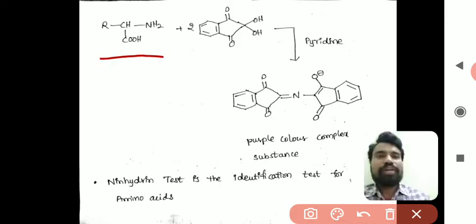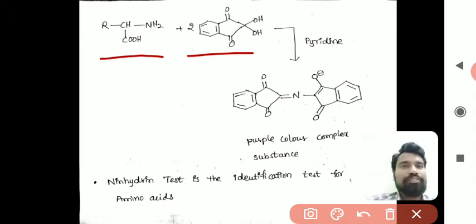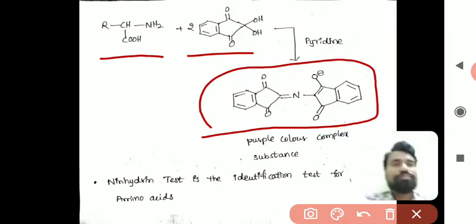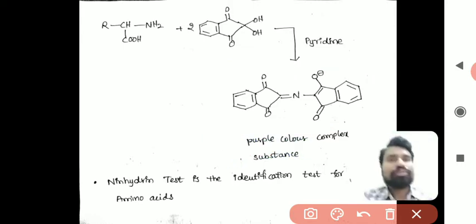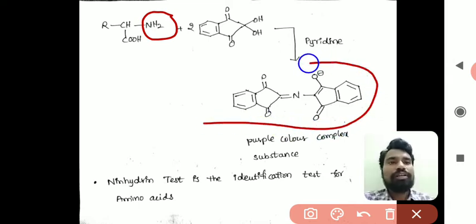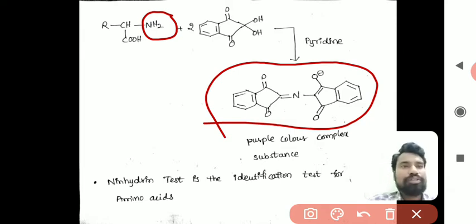Observe what kind of complex is formed when an amino acid is treated with ninhydrin. The amino acid reacts with 2 moles of ninhydrin molecule, and it forms a complex structure, a substance which is purple in color. This nitrogen in the amino acid will bind to the ninhydrin molecules in the structure of the complex substance.